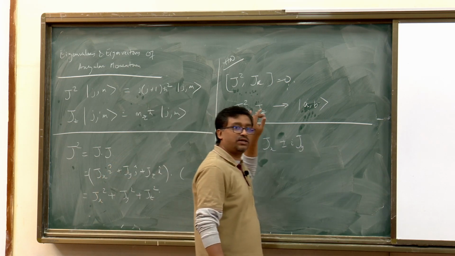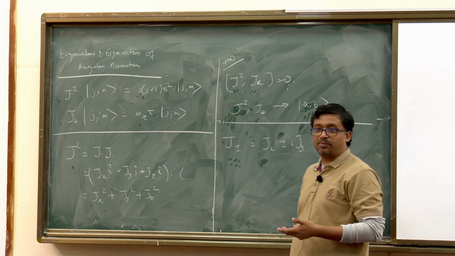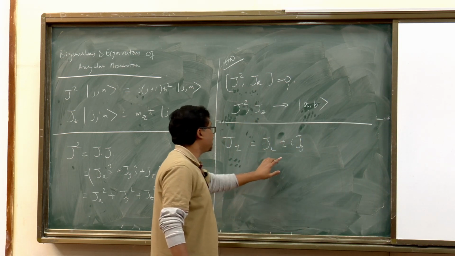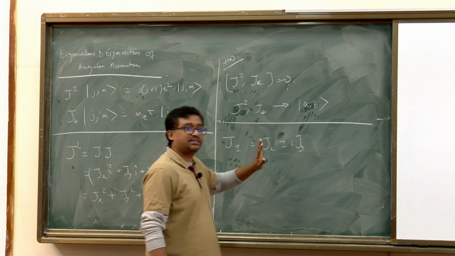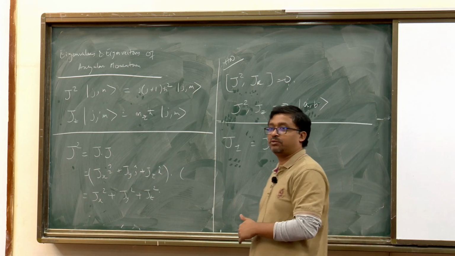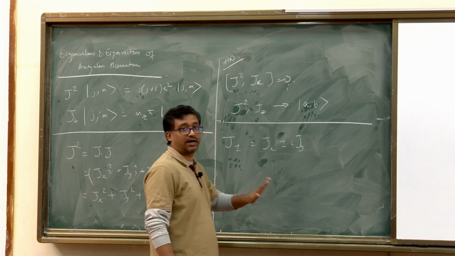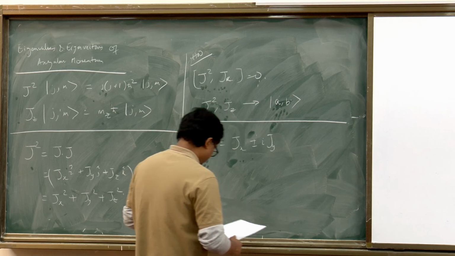Jz and J square, we know that we are forming a set using these commuting operators. So we will manipulate Jx and Jy to define a second set of operators. Why they are required, why that algebraic structure is required, we will see in a moment, but that will be our definition for the ladder operators.